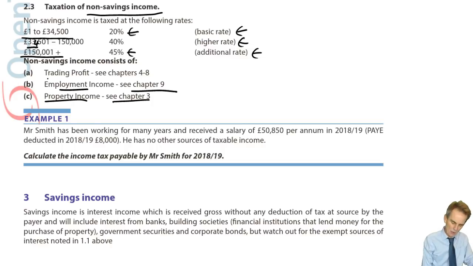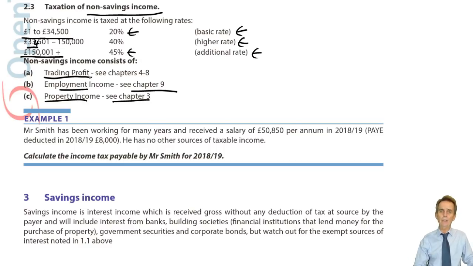But when it comes to trading profit, when we're dealing with the self-employed, the unincorporated trader, then there's rather more chapters, as we said in our previous session, some 5 chapters in total, just dealing with how we're going to assess the profits of the unincorporated trader, and of course how we were going to give relief for any losses sustained by that trader. Now more of that later.